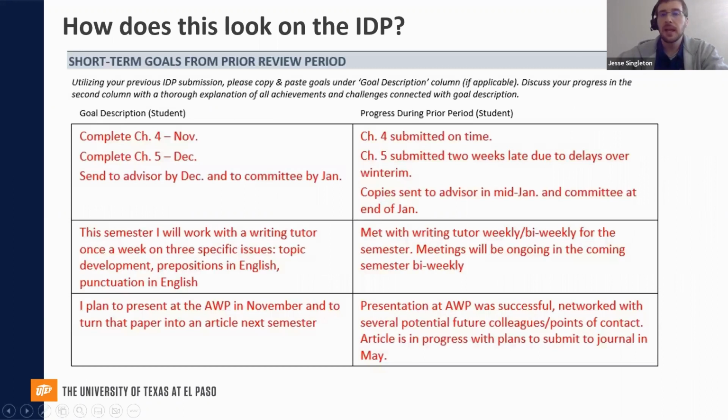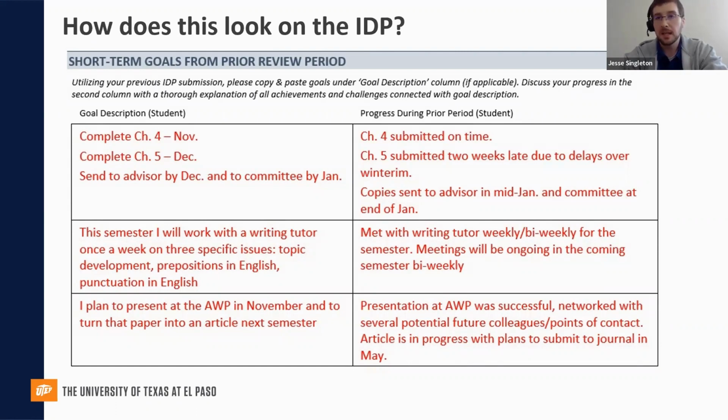So if we look at an example of what this looks like on the actual document, this is screen captured directly from the short-term review period goals from an IDP that's on our website. And so you can see there is a section for them to write their goal and then a section for them to discuss how that went, right? And so the student has set 3 separate goals and given progress on all of them.